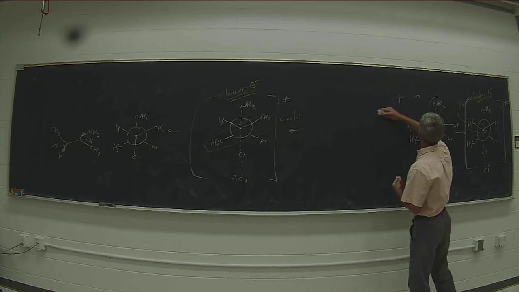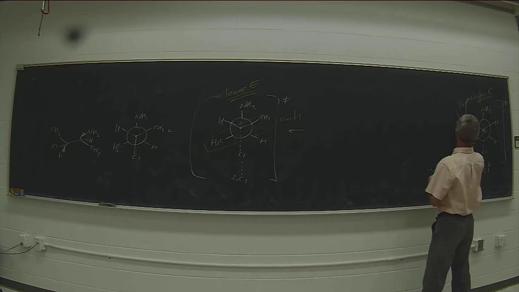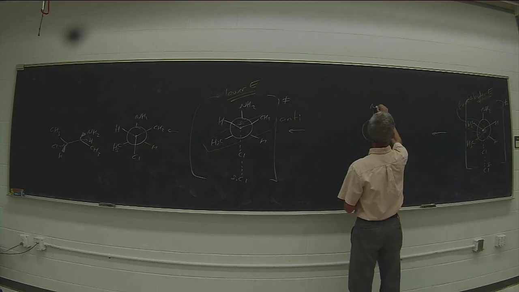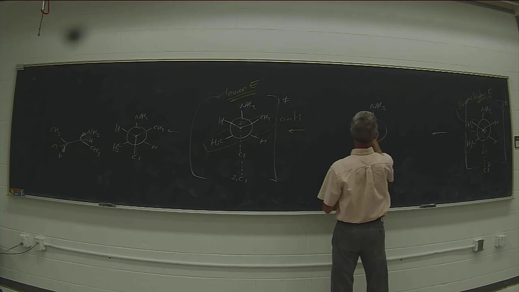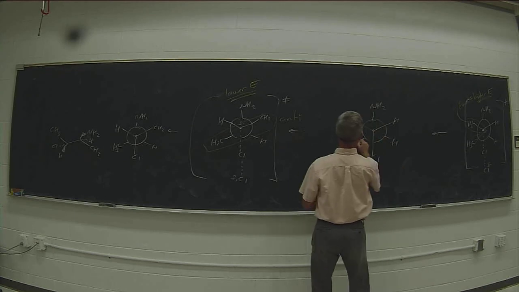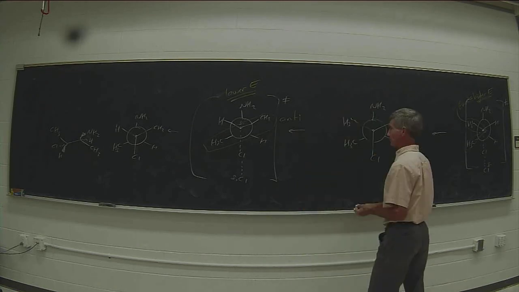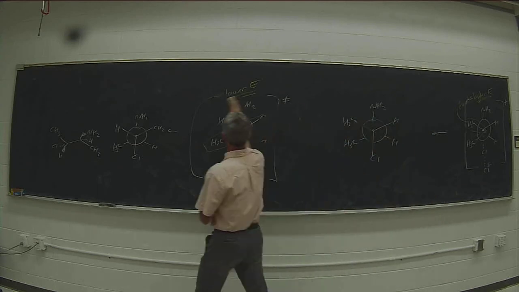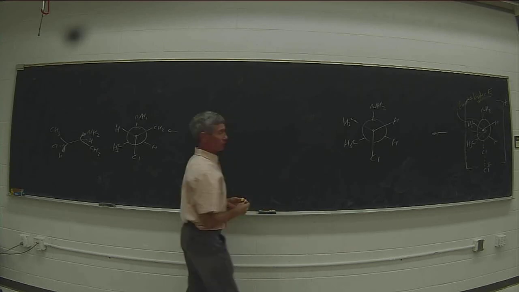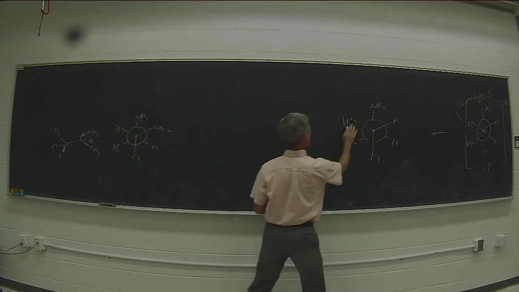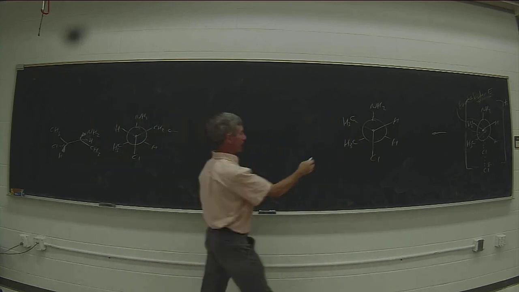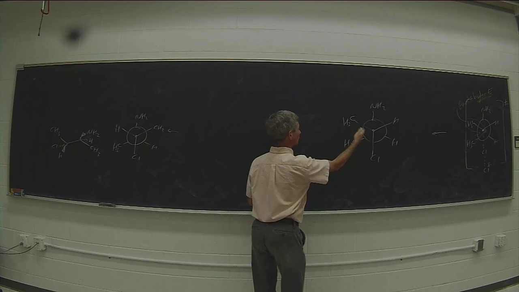And then the product of this one, like this. And if I redraw that, well, first thing I want to do is redraw that, it's rotated to put the methyl groups anti to each other.